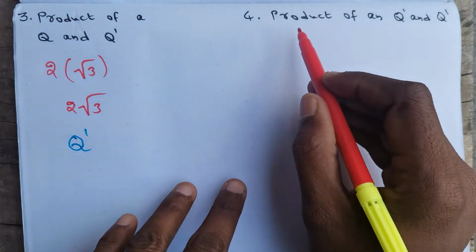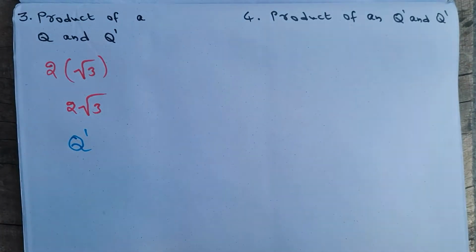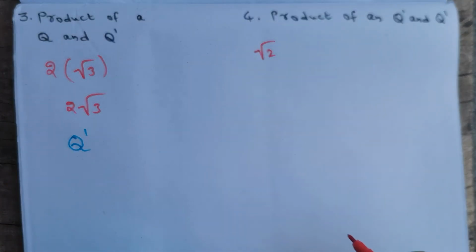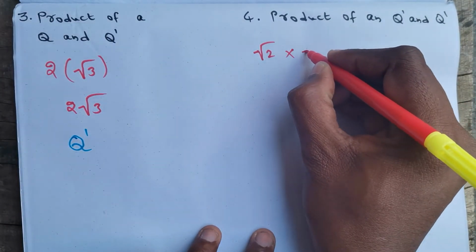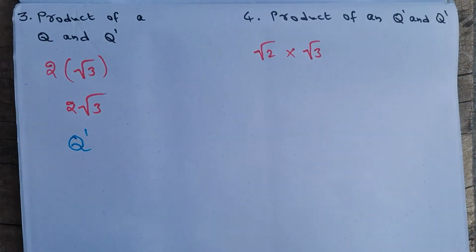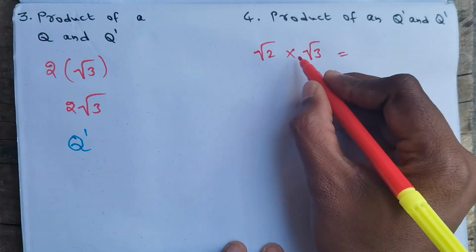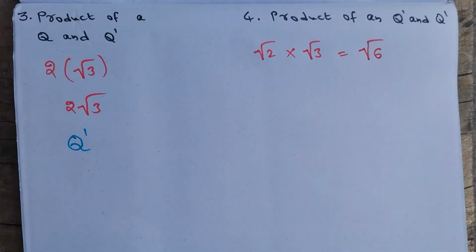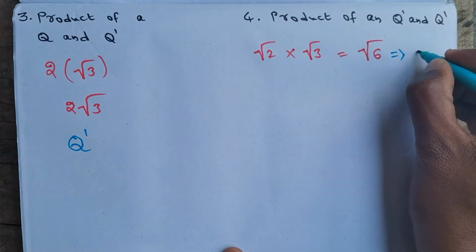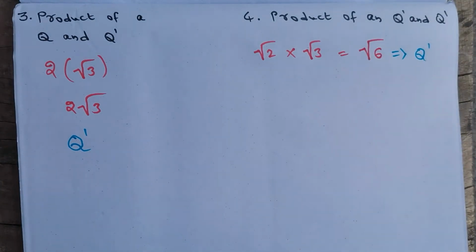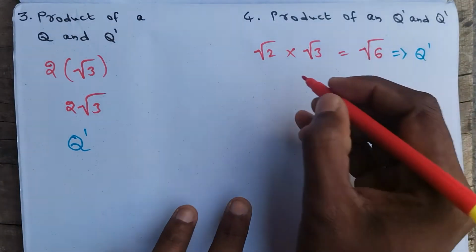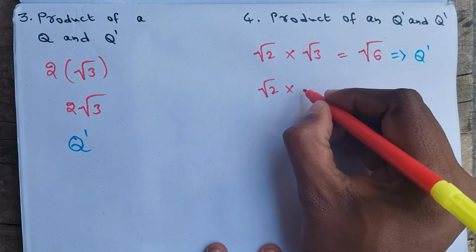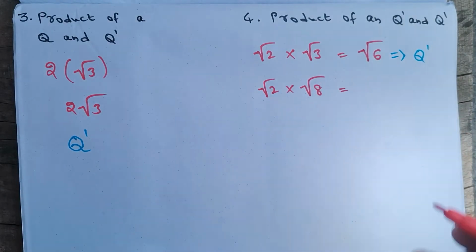Next, product of irrational number and irrational number. Sometimes we take an irrational number root 2 and multiply it with another irrational number root 3. Here root 2 into root 3 is nothing but root 6, and this root 6 is an irrational number. Now I will take another: root 2 is an irrational number, into root 8, which is also an irrational number.